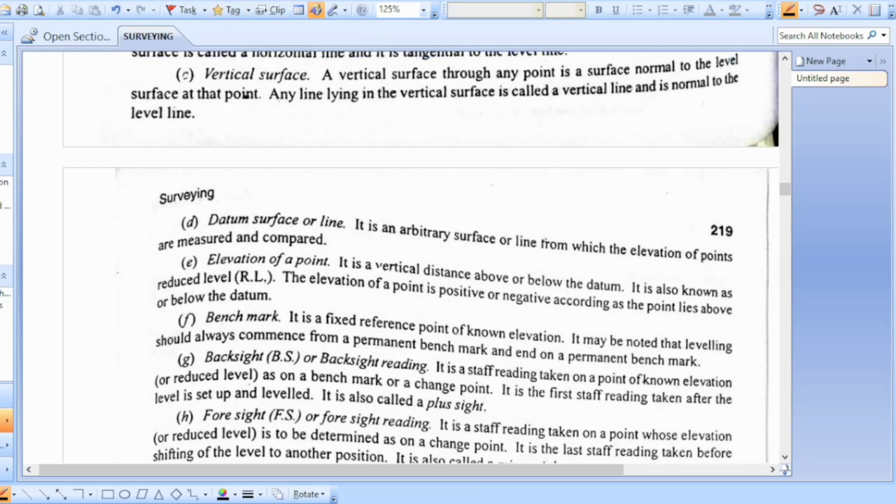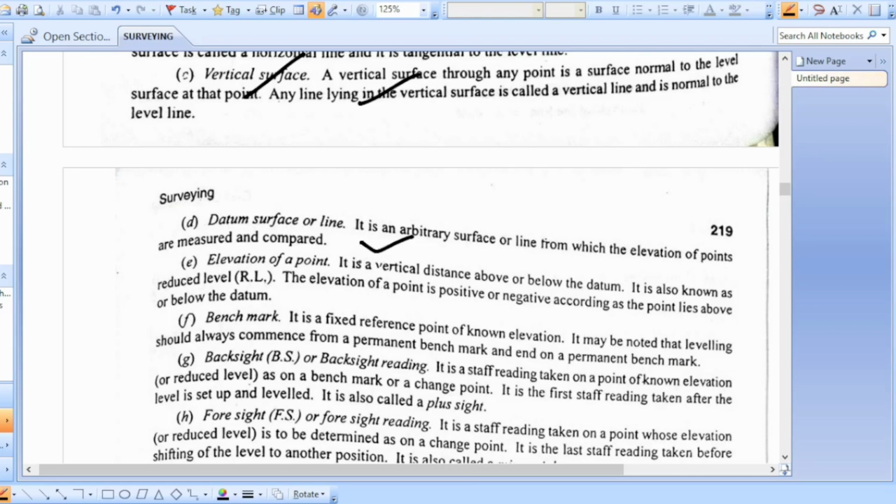वर्टिकल सरफेस आप लोग देख लीजिए, डेटम सरफेस और डेटम लाइन। It is an arbitrary surface or line from which the elevation of points are measured and compared.